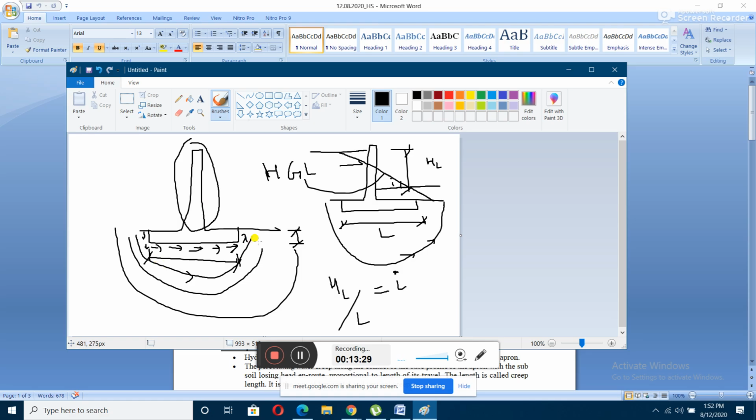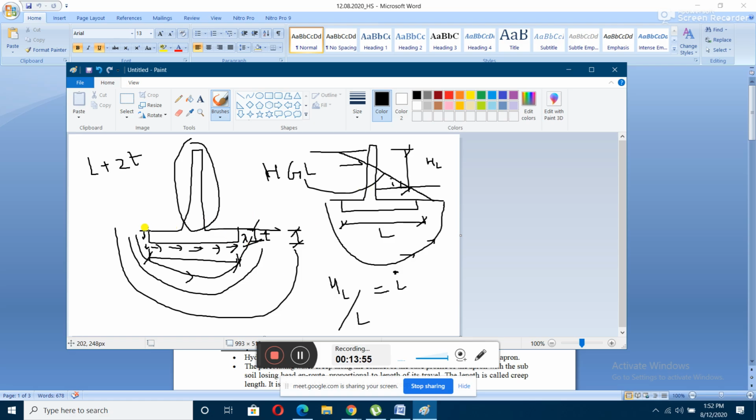If the thickness T is way less than your L value, then what is the total length traveled by the percolating water? L plus 2T, right. L is the flow length, and T is the thickness.